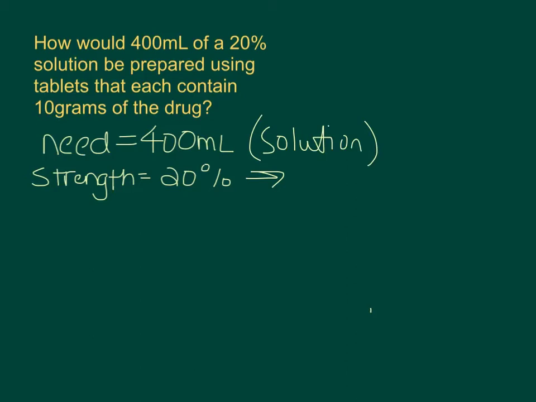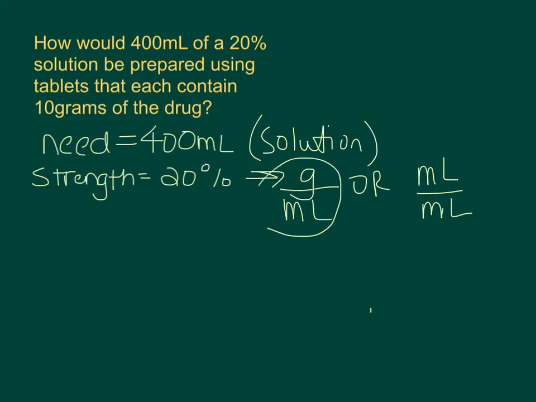So the strength should always be in grams per milliliter, or if the chemical you're using is a liquid, it would be milliliters per milliliter. But this is telling us that one tablet contains 10 grams, so we're going to be using grams per milliliter.